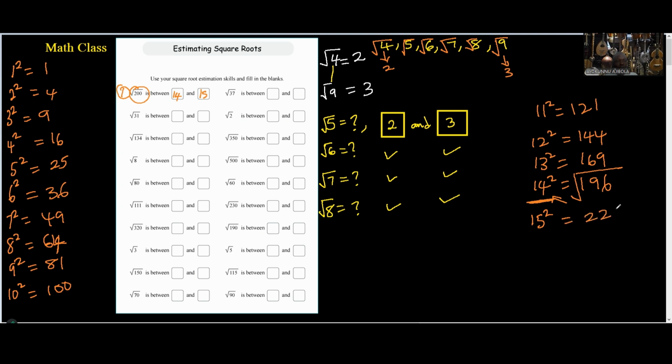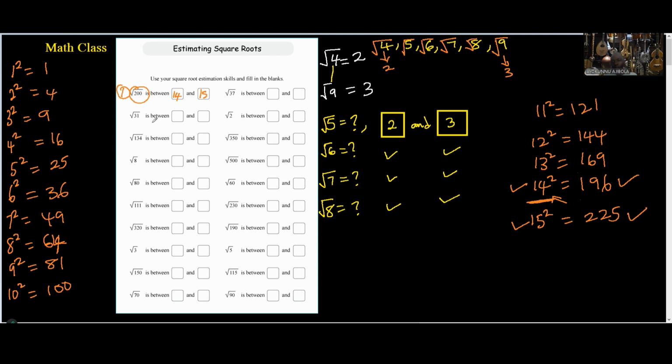Let me remove the root I put on top of this so that I don't cause any confusion. Now, 15 square is 225. So the number I have is 200, which lies between 196 and 225. That is why the answer will be between 14 and 15, because 200 is in between 196 and 225.